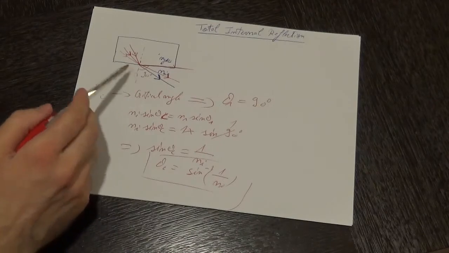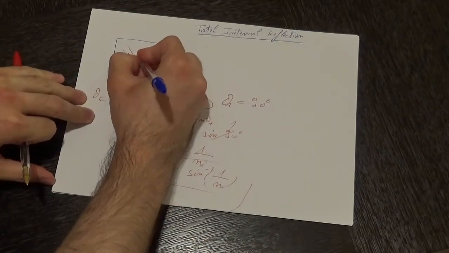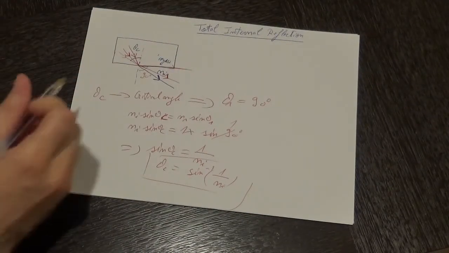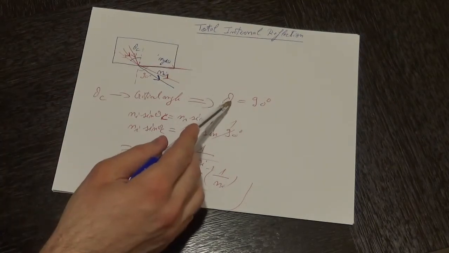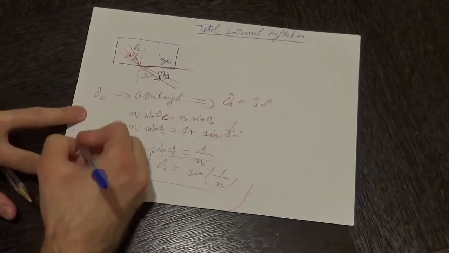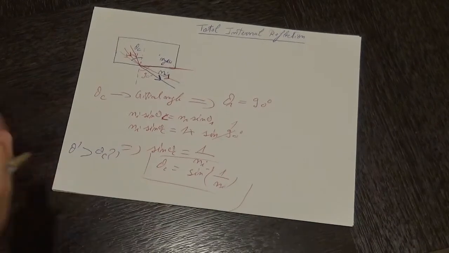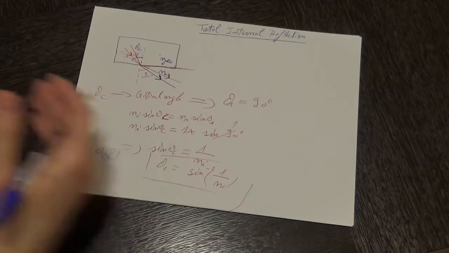Now, what would happen if we exceed that critical angle? So over here we have reached a certain angle which we have referred to as theta critical, for which the angle of refraction is equal to 90 degrees. Now, what would happen if we go beyond theta critical? If we go beyond theta critical, then we have a total internal reflection.